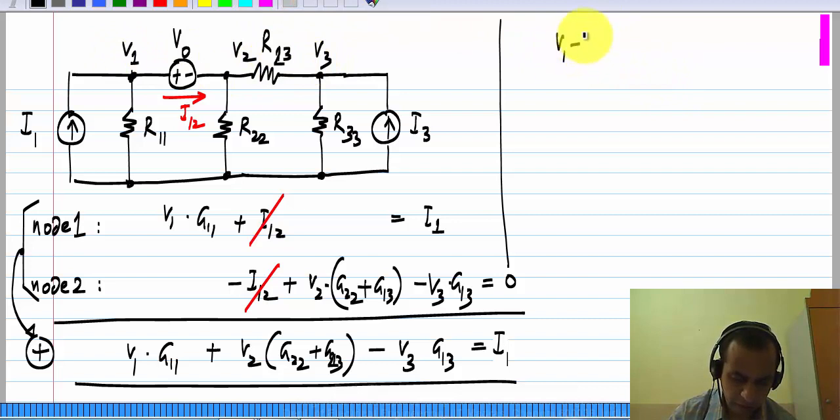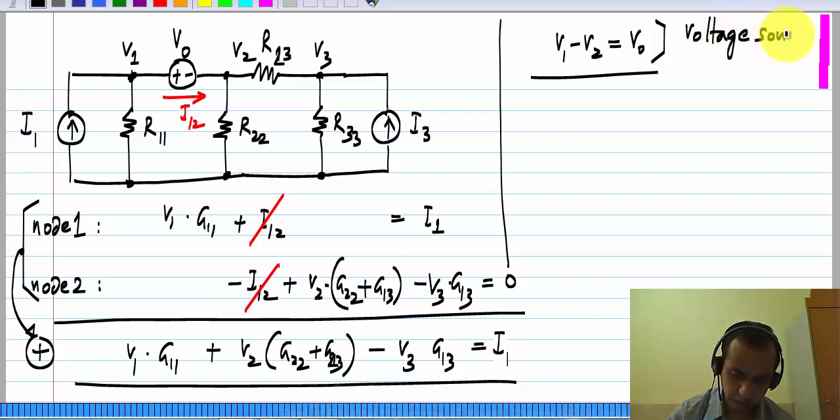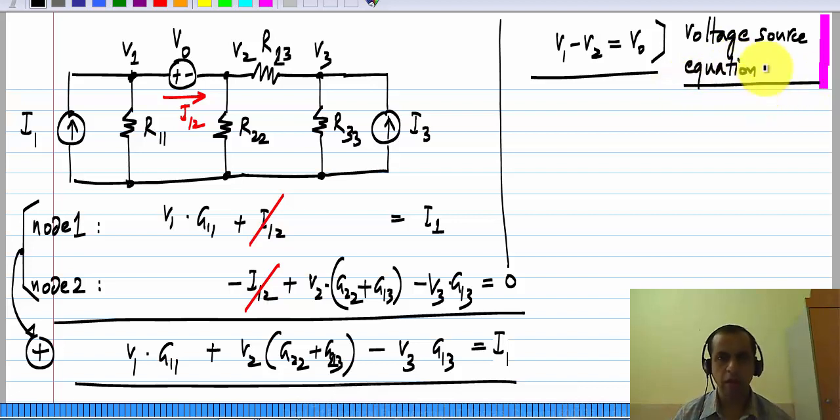That means that V1 minus V2 equals V0. Okay. So I have this voltage source equation in place of the missing equation.